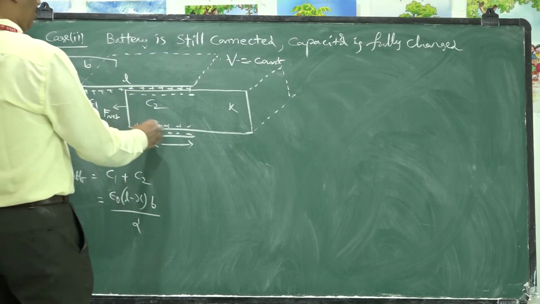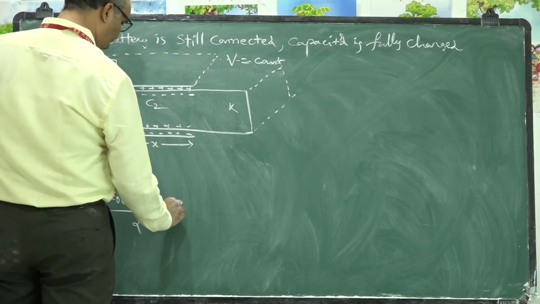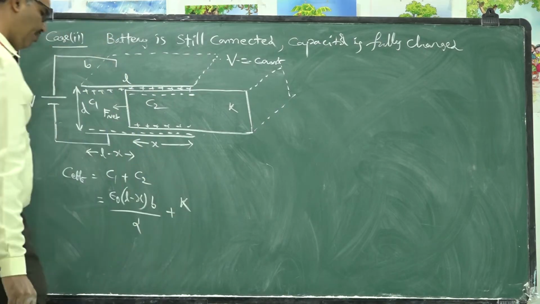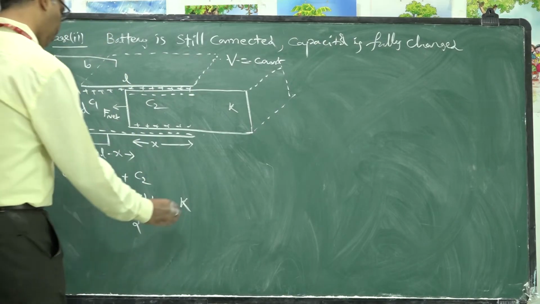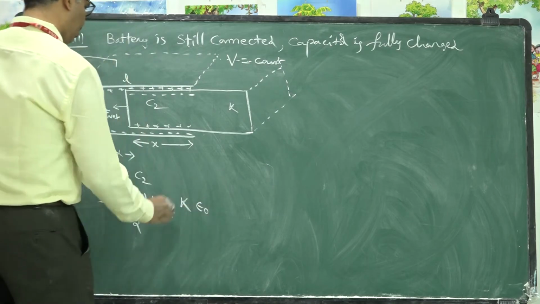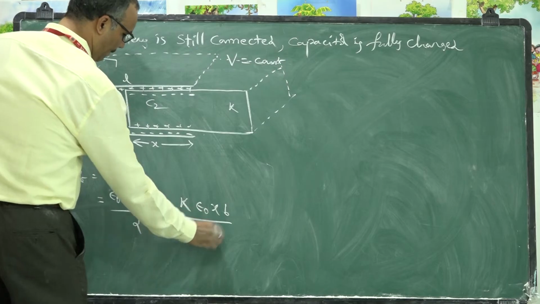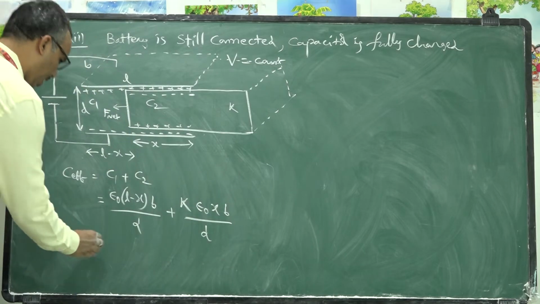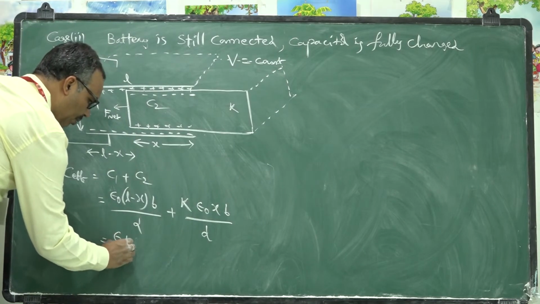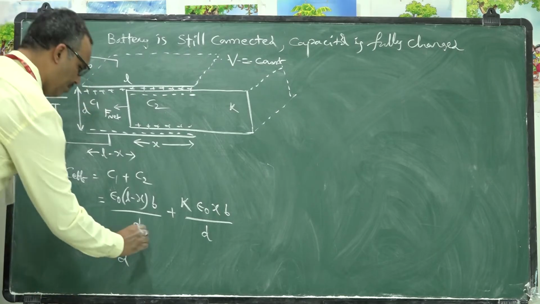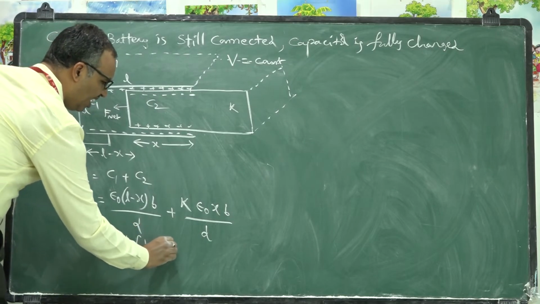Here it is completely filled with dielectric of dielectric constant K. So K epsilon naught A by D, K into epsilon naught, where area means X into B, by D. And if I take common epsilon naught B by D, you are left with L minus X here plus KX here.